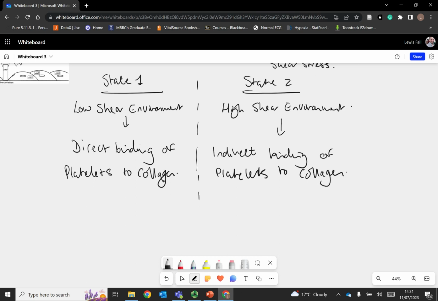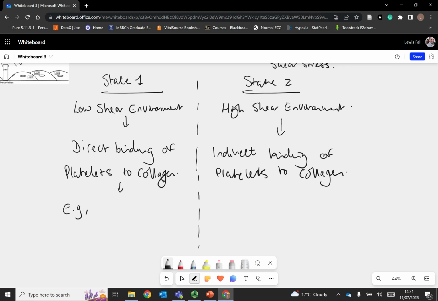So why might that be? Well, it's mainly because of where these environments are. If we just focus in on the low shear environment first, you tend to find the low shear environment being where blood flow pressure is low.